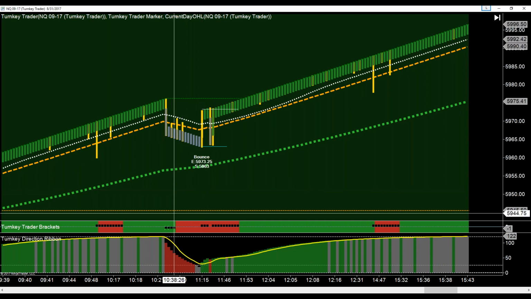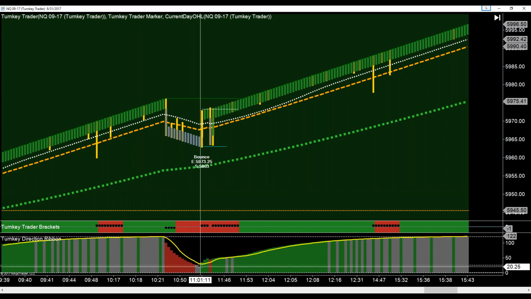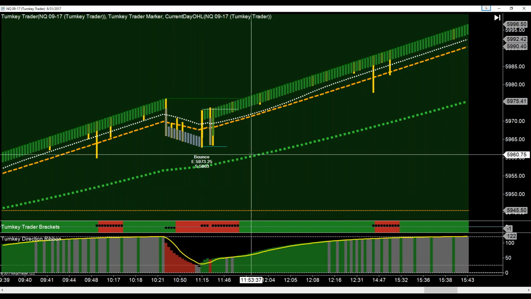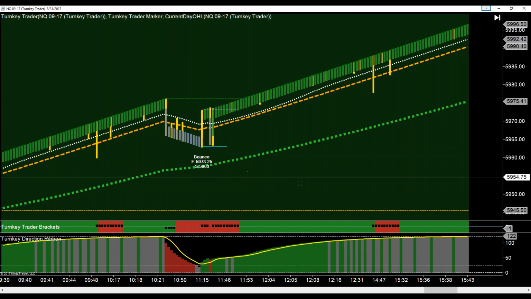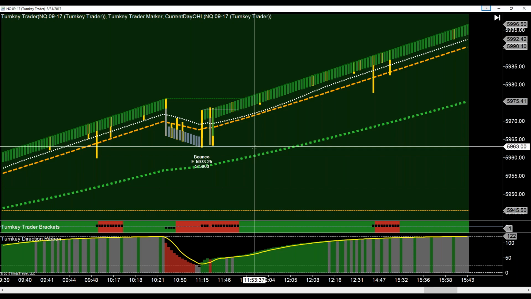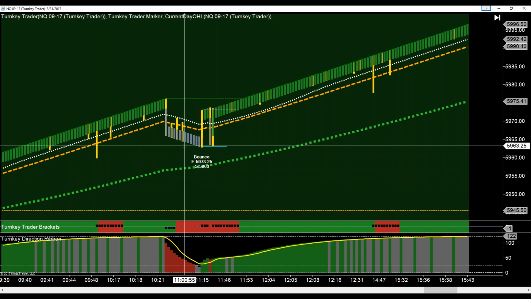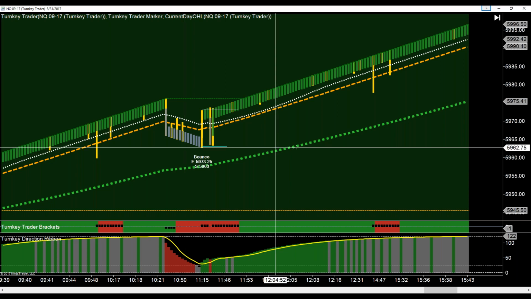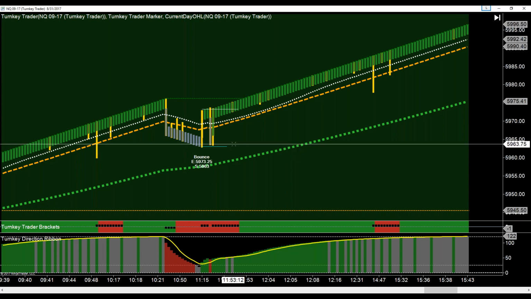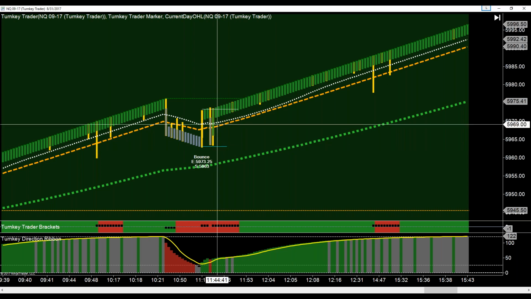I mean, this one just caught us, and we should have been able to ride it out if we put in our stop at 59.63. I actually had my stop at 59.63.25, and that was exactly the low of this bar, which turned into a type of continuation trade.